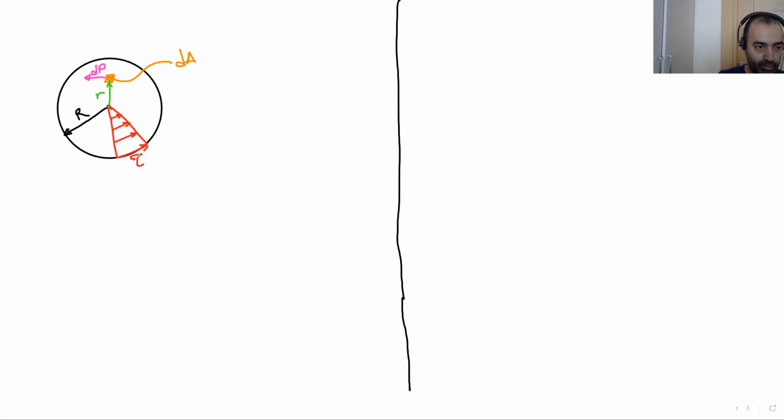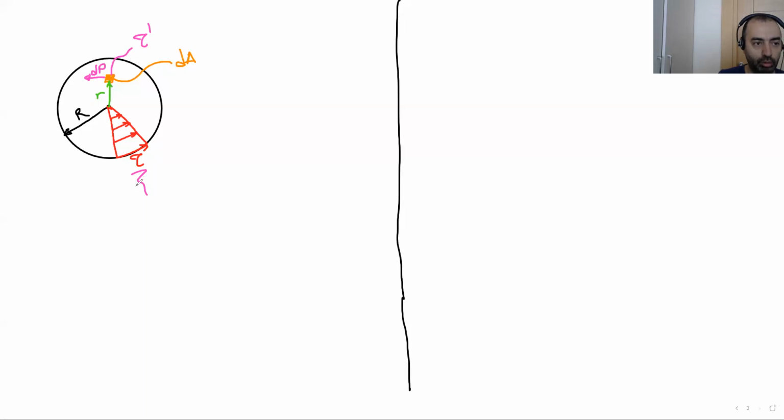The maximum stress here is tau, as you can see. Let's say the stress at this point is tau prime. Now, let's write the equation, the relation in between tau prime and tau.